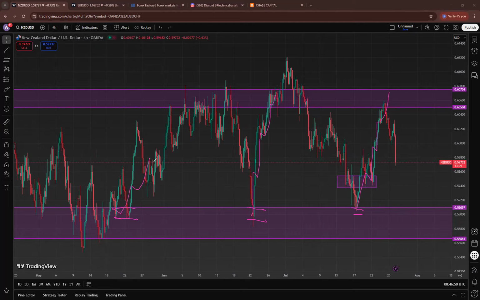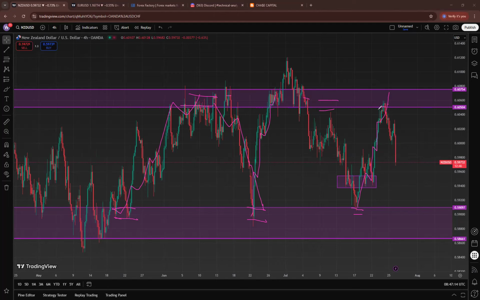And this supply has been the origin of the major drop multiple times, from here till here, here again, and now from right here.